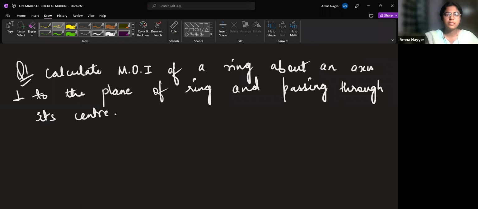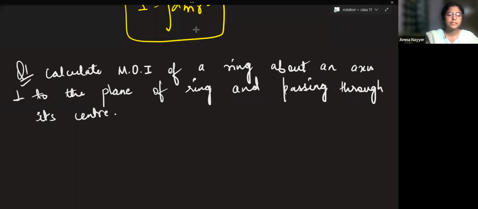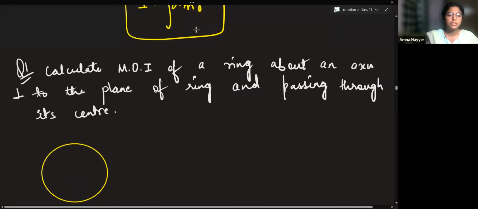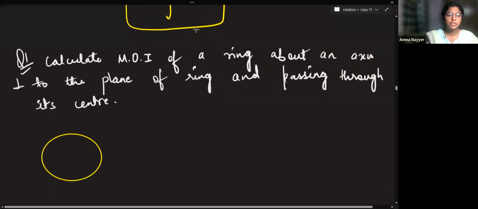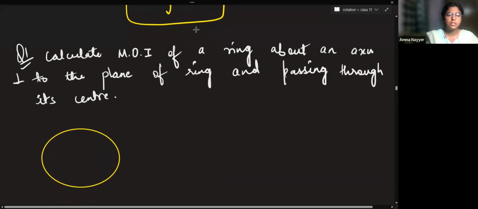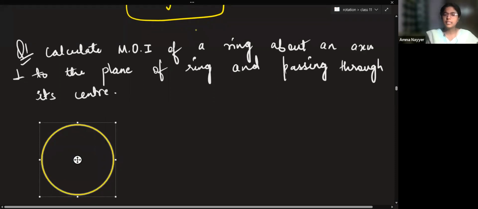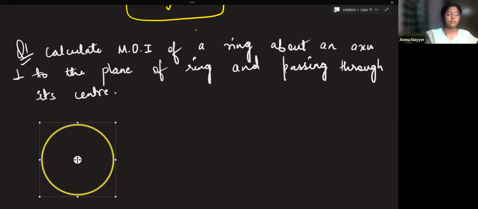This is a circular ring about an axis perpendicular to the plane. Like this is the axis right now.